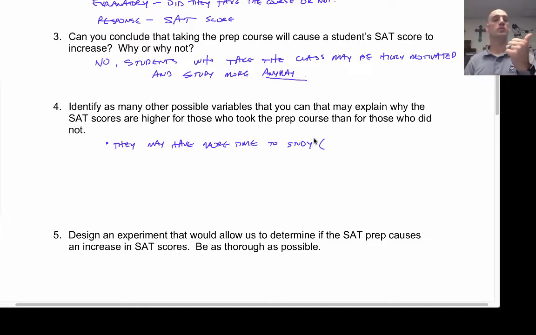So maybe they're not in a sport that plays after school. Maybe they don't have a job that's after school. Maybe they aren't in drama after school. So after school activities were limited.